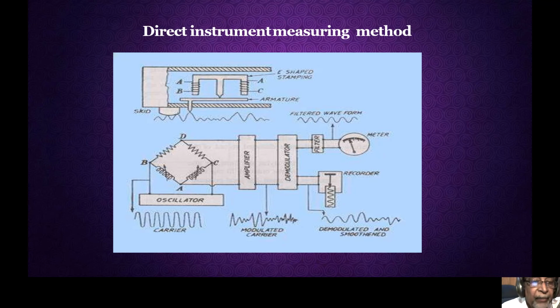You can see here, this is another instrument, a direct instrument measuring method. You can see there is one skid, a body, and an armature winding is here.